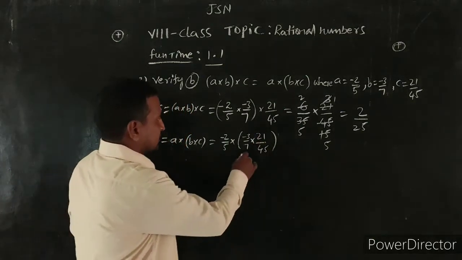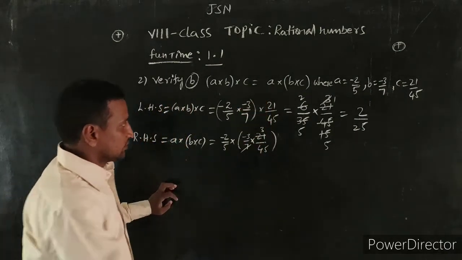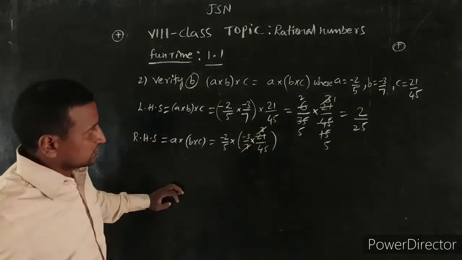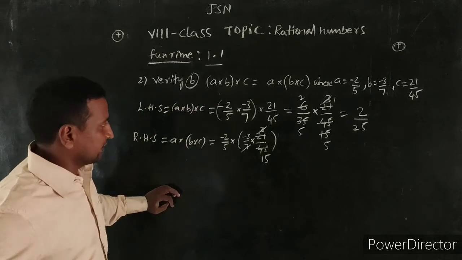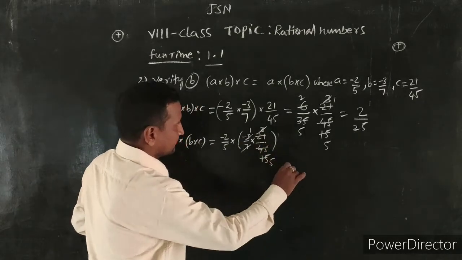Okay, 7 ones are 7, 7 threes are 21, 3 ones are 3, 3 fifteens, again 3 ones, 3 fives.